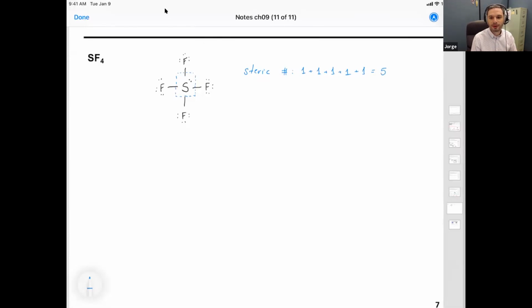When you have a steric number equal to 5, the electron pair geometry is going to be trigonal bipyramidal.